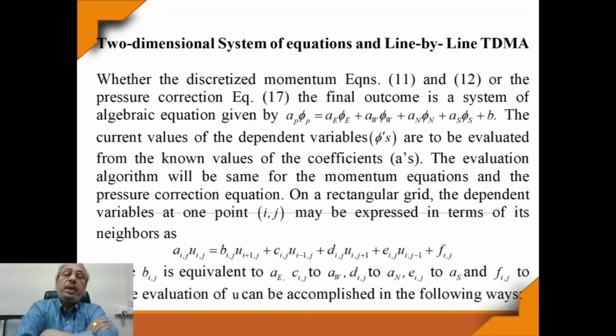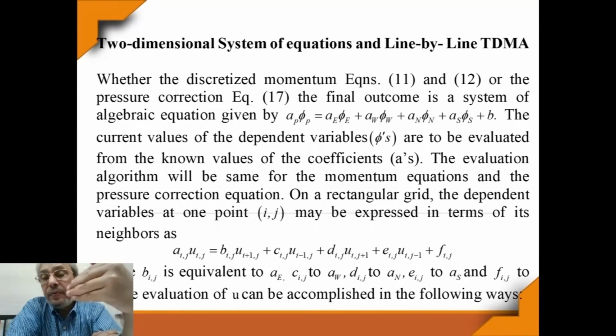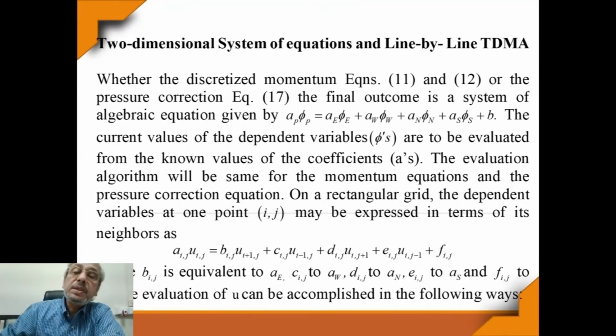Now, since in this calculation everywhere we will be getting equations in this form, whether it is 11 or 12 or 17, phi P, where phi may be U, phi may be V, phi may be pressure, our variable of interest, and P is point Uij.